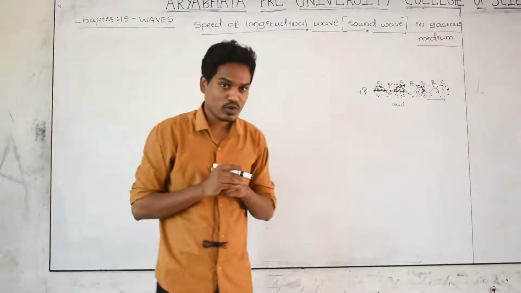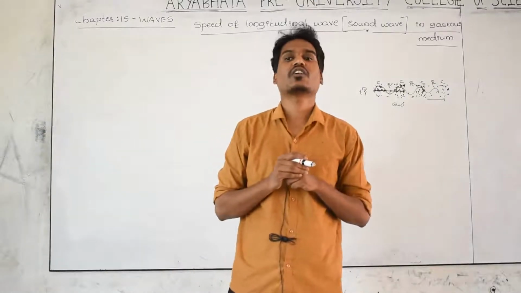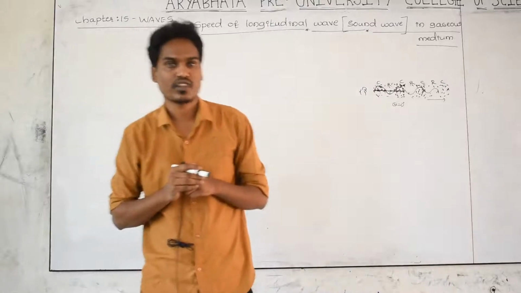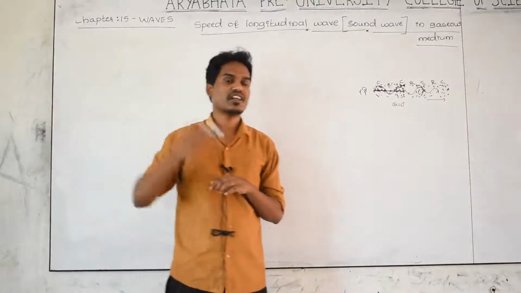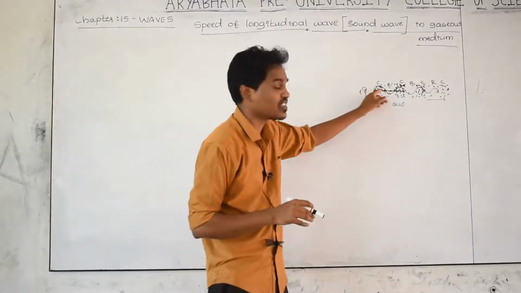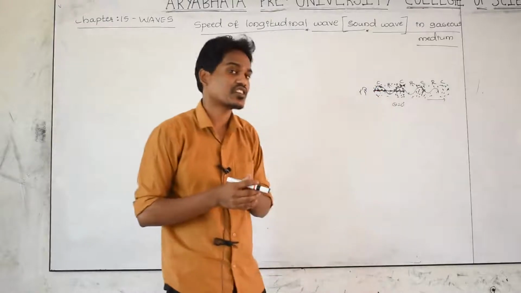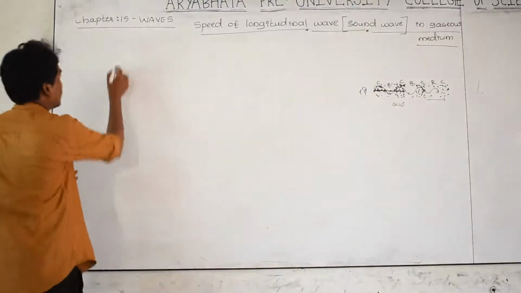That is bulk modulus, not shear modulus and not Young's modulus. If there is a change in length, that is Young's modulus; if there is a change in shape, that is shear modulus. But after putting pressure on the air particles, the dimension that changes is volume, so we have to find the bulk modulus.